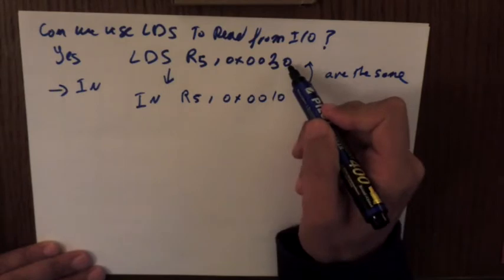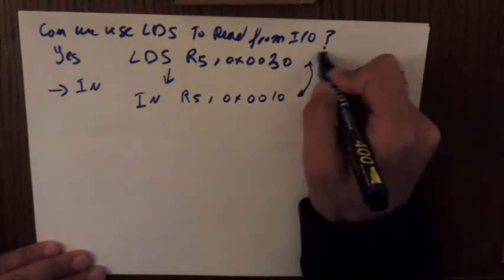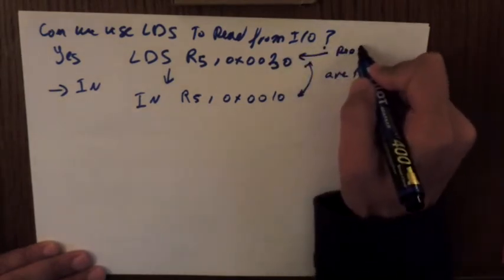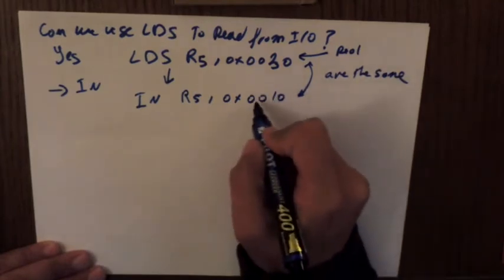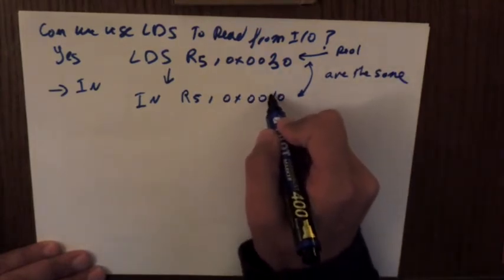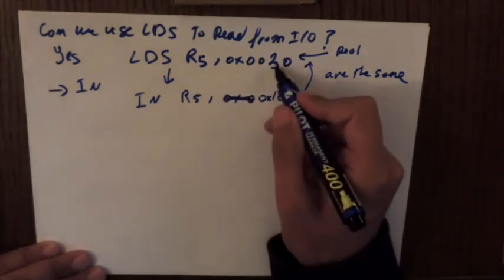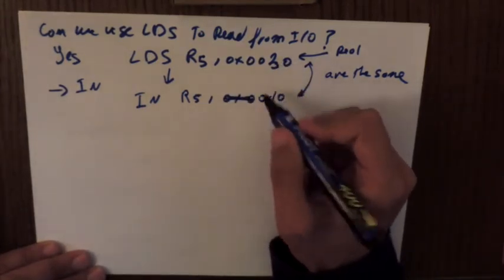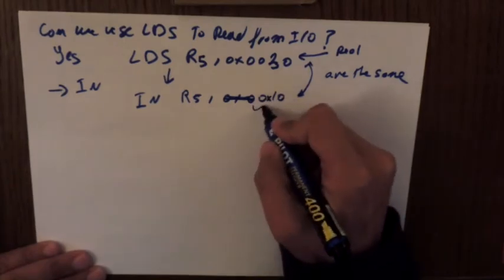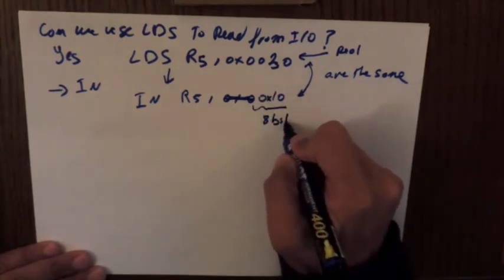So LDS is reading from address 0x30. This is the real address. Of course, I made a mistake here. It should be 0x30 because I cannot use a 16-bit address. So this should only be 8 bits.